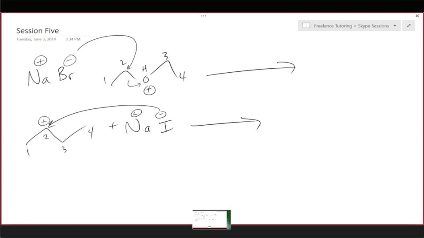What roles are atoms playing here? The iodine with its negative charge plays the role of nucleophile, and carbon number 2 would play the role of electrophile. Why is the iodine a reasonable nucleophile? It has a negative charge. And why is carbon 2 a reasonable electrophile? It's a carbocation. Excellent.